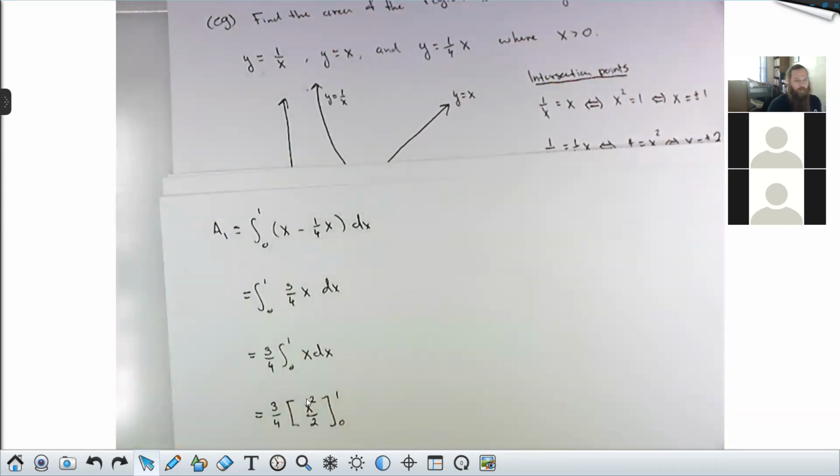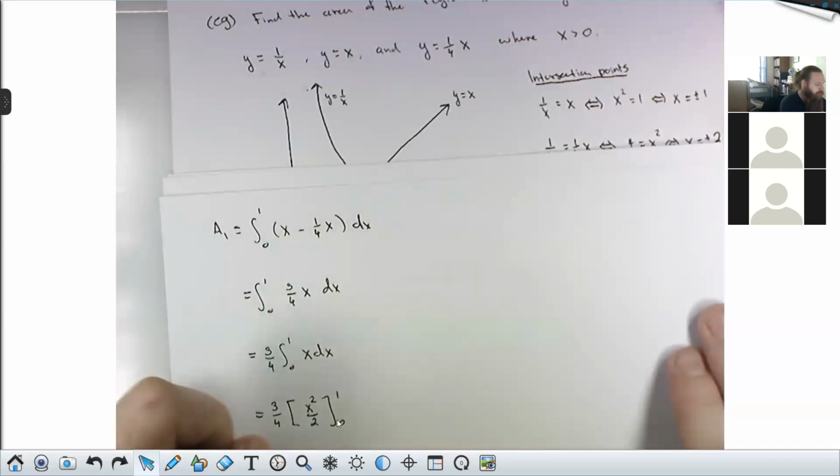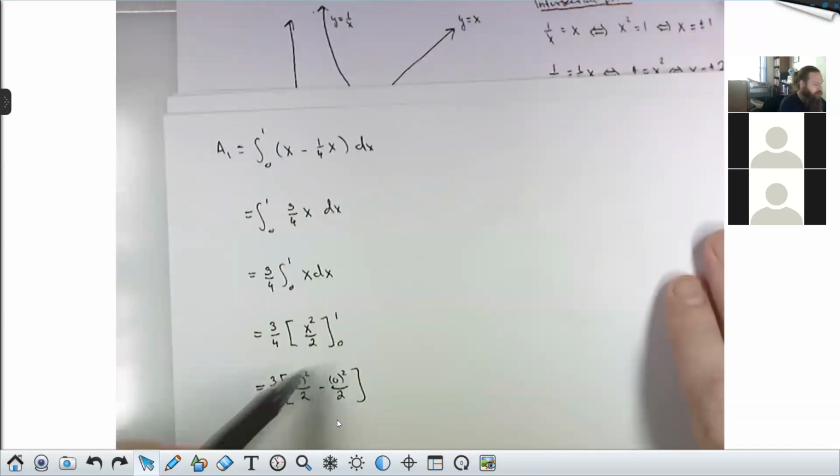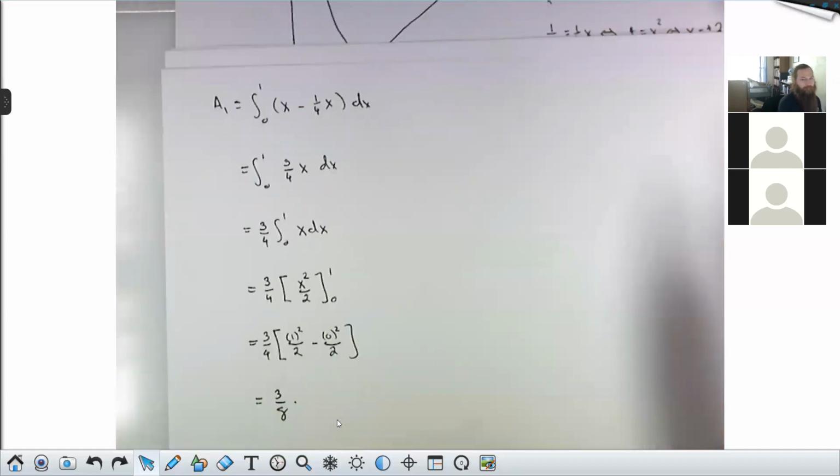And remember, after you take your antiderivative, the integral and the dx go away. We should never have an antiderivative taken inside of an integral. Evaluating between bounds now, I get 3/4 times 1 squared over 2 minus 0 squared over 2. 1 squared is 1, 0 squared is 0. So this whole thing here is just 1/2. This is 3/4 times 1/2, which is 3/8.